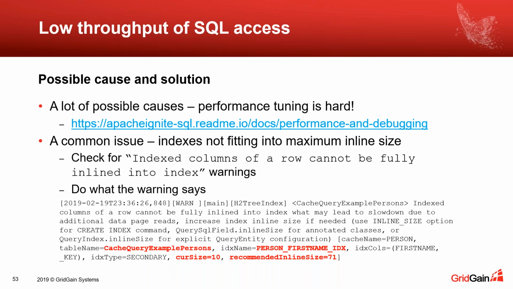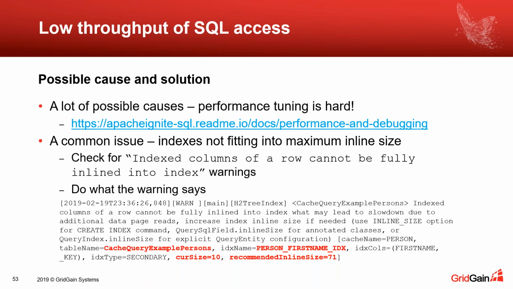And if that's the case, if you use a new version of Ignite, Ignite 2.7, and that's the latest one, then you will see a warning just like the one on the slide, which will explain what's happening and what you need to do.